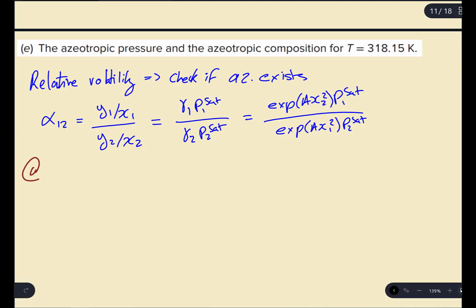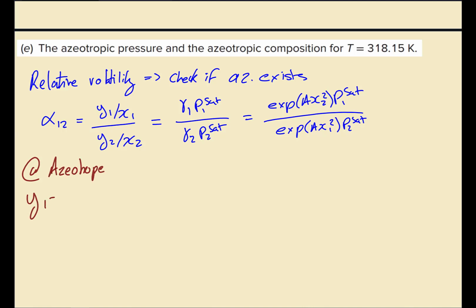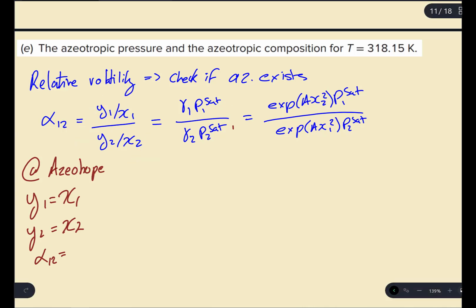Just to remind you guys, at the isotrope, what do we have? y1 equals x1, right? Same thing, y2 equals x2. And the relative volatility would be what? This here, 1.